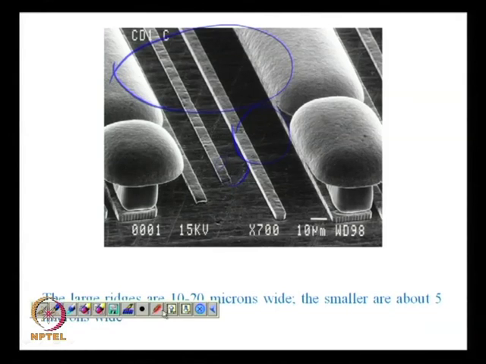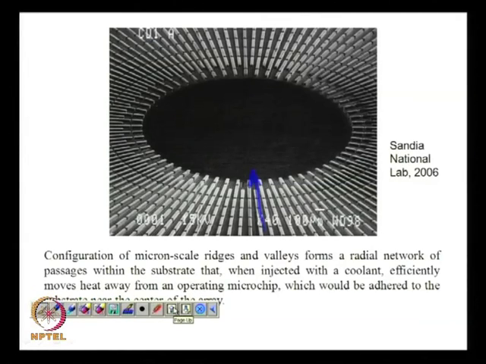So, if we go back to the previous picture, here what they have proposed is they placed the IC or the heat generating component right at the center, and when a small amount of liquid is placed along the periphery, the capillary suction will draw the liquid from the periphery towards the center, and when it comes in contact with the heat producing IC, it will evaporate.